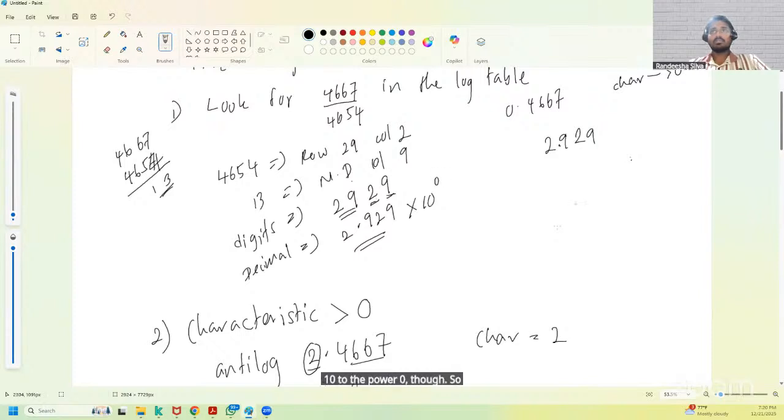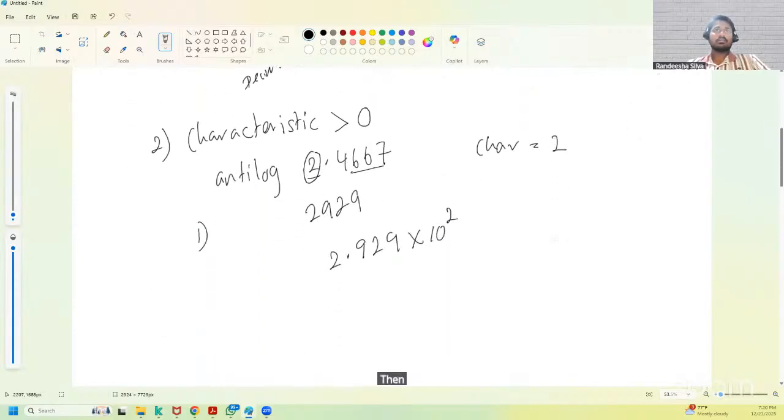For indices we discussed this; that's why indices are very important. For any base, the power 0 gives 1. Then it is 1, so we are not writing it. Then here, 10 to the power 2. So this 2 is the number of the characteristic. 10 to the power 2 means we are multiplying this by 100.